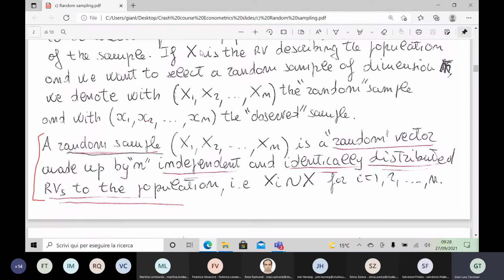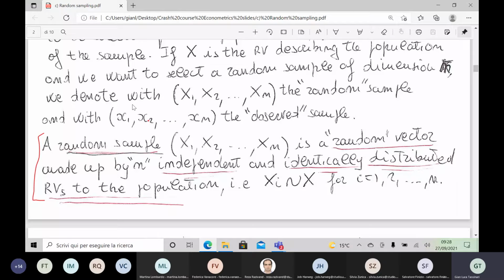Furthermore, these random variables are also independent. In which sense, guys? Pay attention. I told you, suppose you select the first element from the population and you get small x1. Then take this individual, put it inside again.